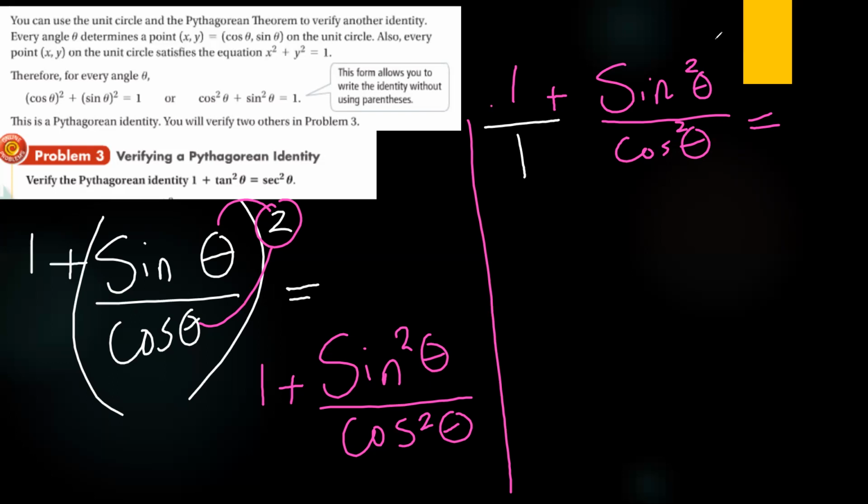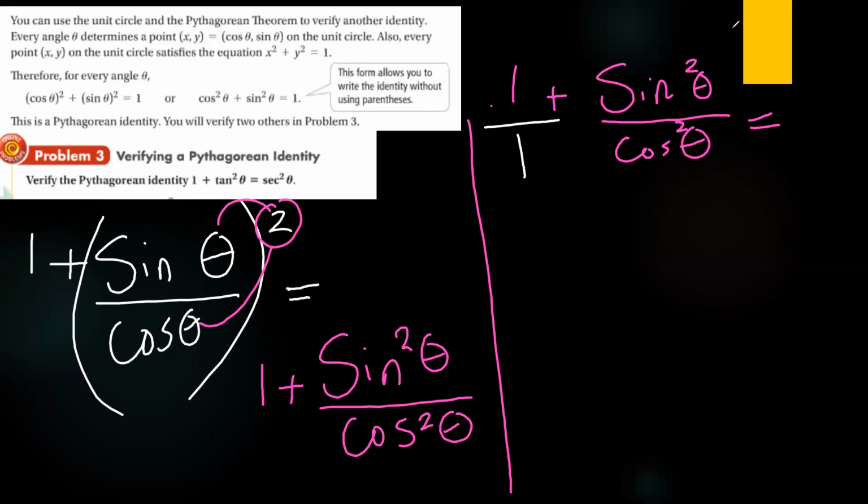Now forget that 1 plus tan squared equals secant squared. You want to prove it, you don't know it. Like we know that sine over cosine is tan. Okay, but come back to your question.